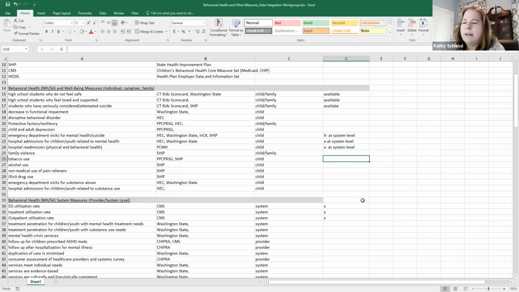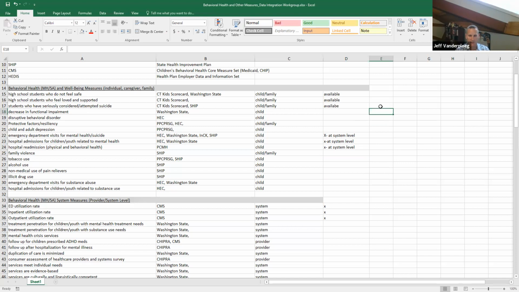So it sounds like if you are going to look at these metrics, you would look at them through the lens of which one would indicate a high quality system, right? And which one would indicate high outcomes. Yeah, I agree.